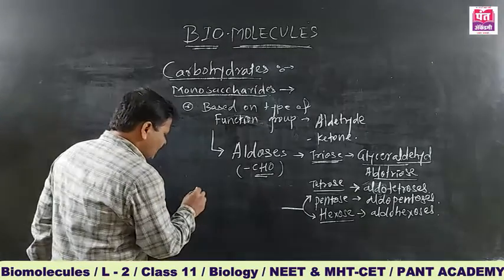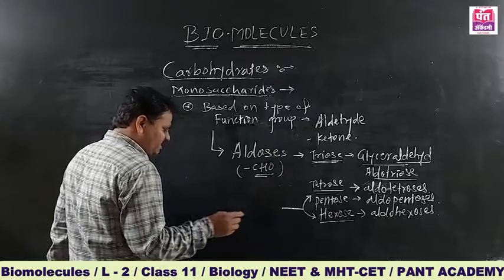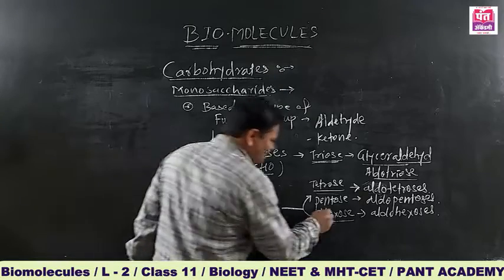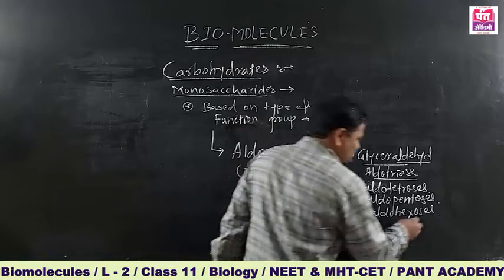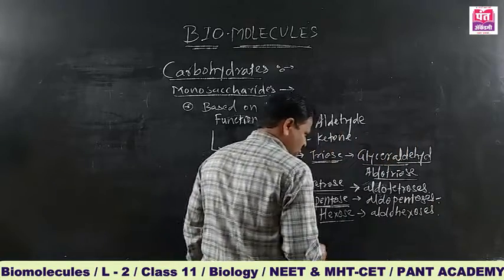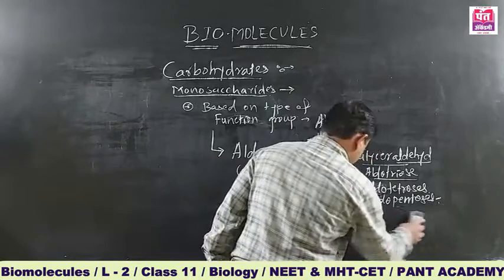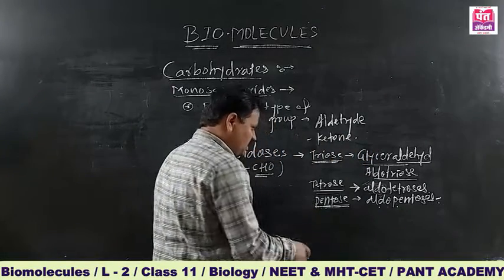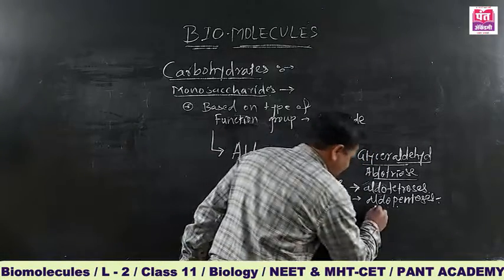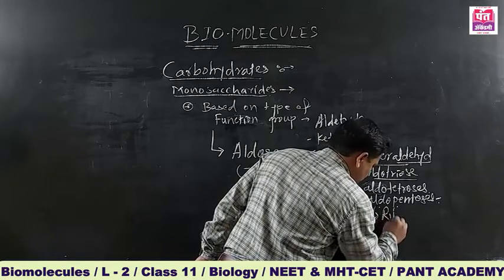One important example we mentioned yesterday about pentose is ribose. I will first write the example of this pentose, aldose: ribose.